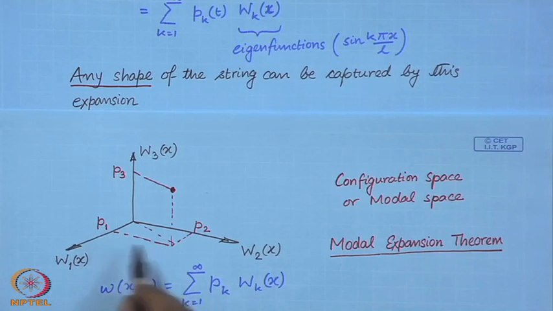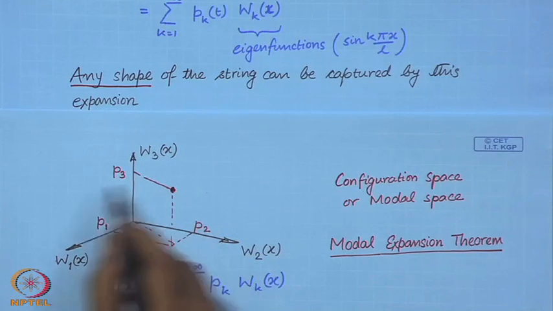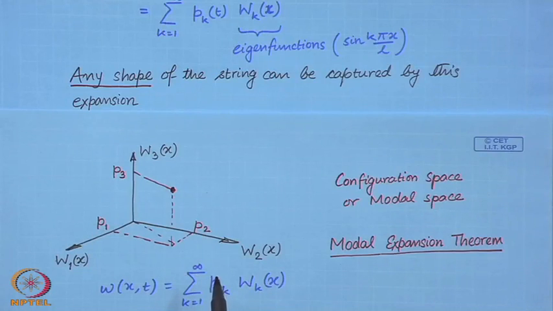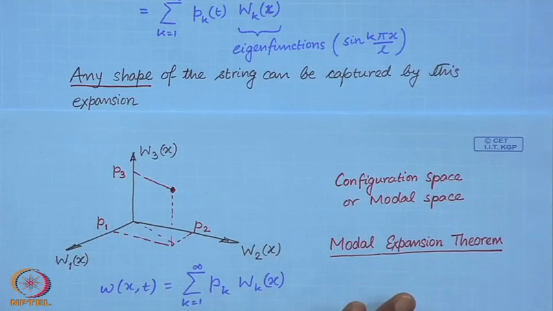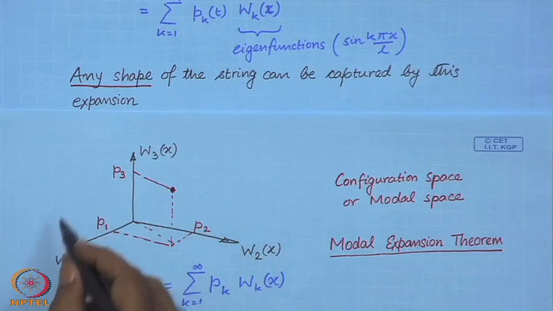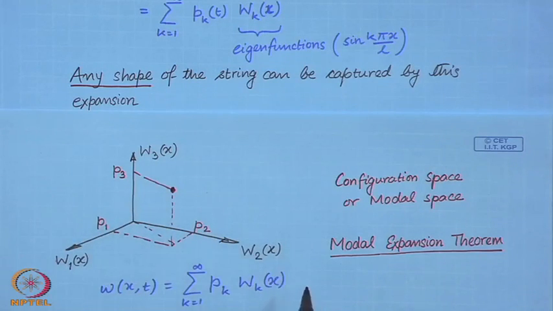The modal expansion theorem says that any shape of the string can be represented in terms of these eigenfunctions. So, these eigenfunctions form a complete basis, which means any shape can be represented in this basis. What I have shown here is in 3 dimensions.